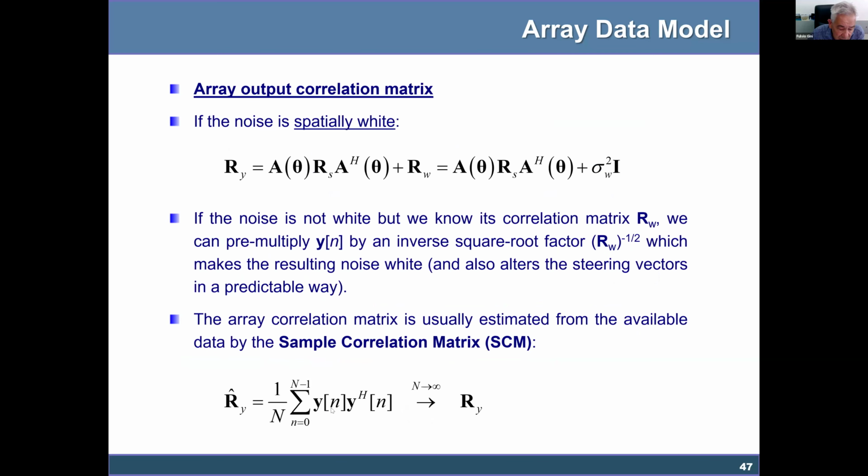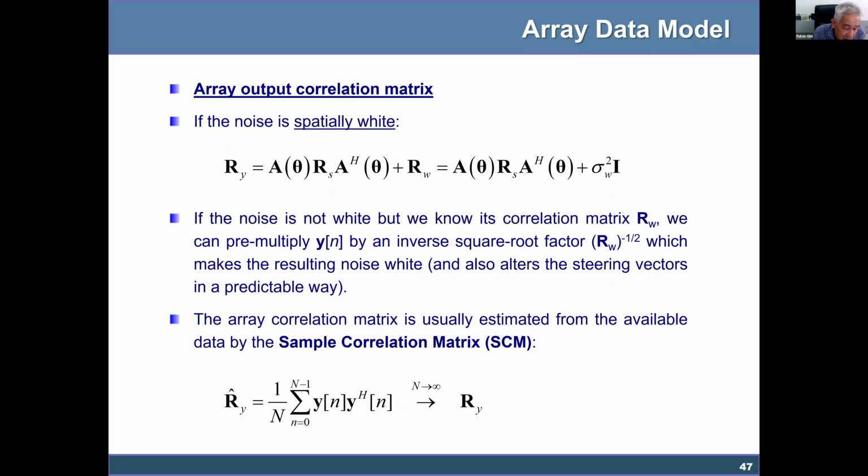We average the quantity that was inside the expectation, we sum these n matrices and we divide by n. This is called the sample correlation matrix, denoted by the acronym SCM.